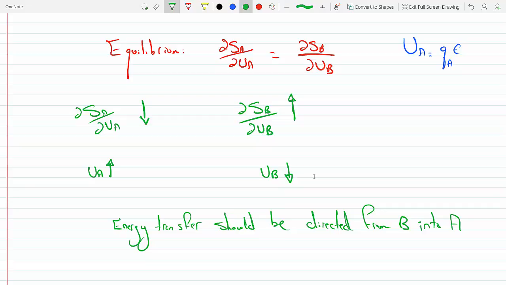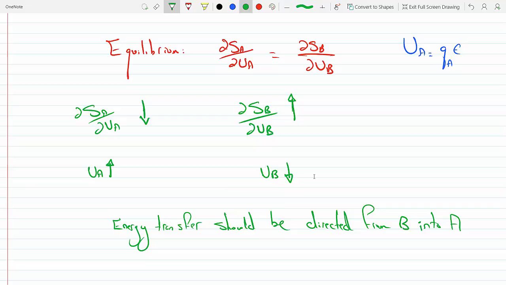flowing into the object with a steeper S versus U graph, because having a steep slope just means that as soon as it receives any little bit of energy, its change in entropy is going to tend to increase significantly. And therefore the shallower object will have to give while the steeper object has to take.